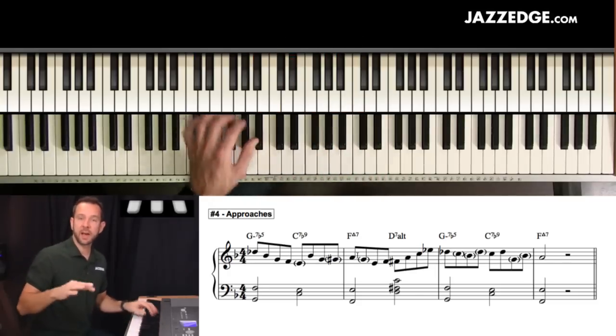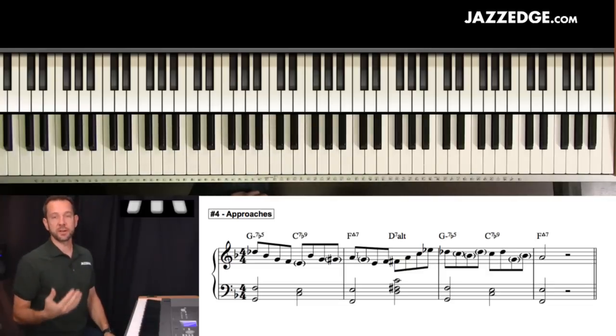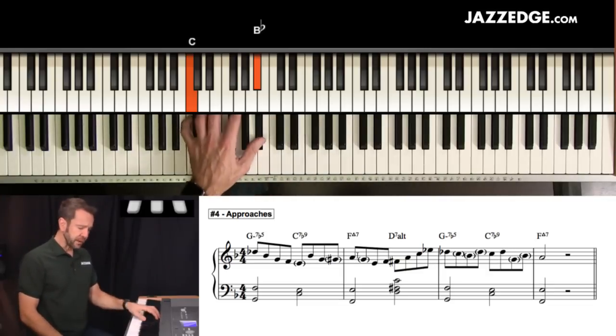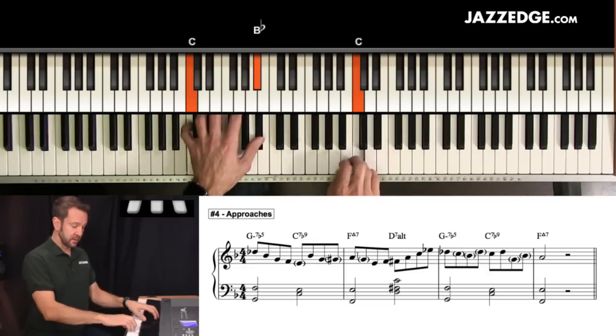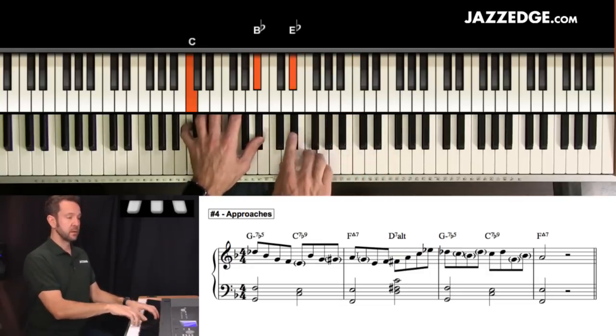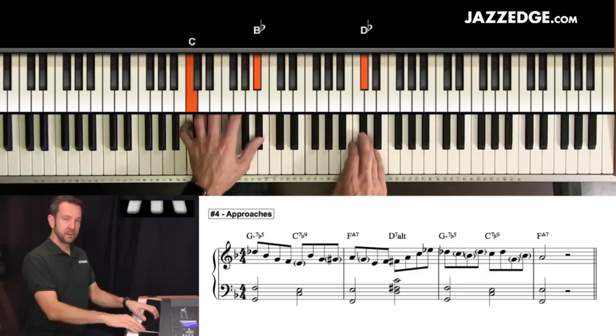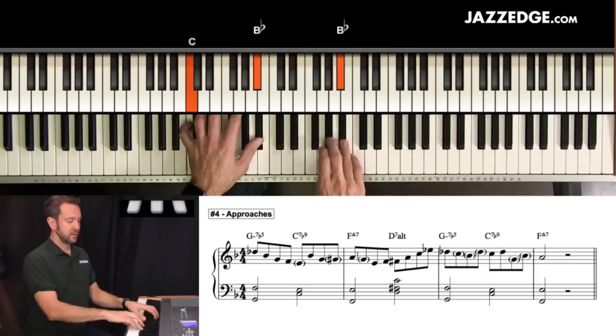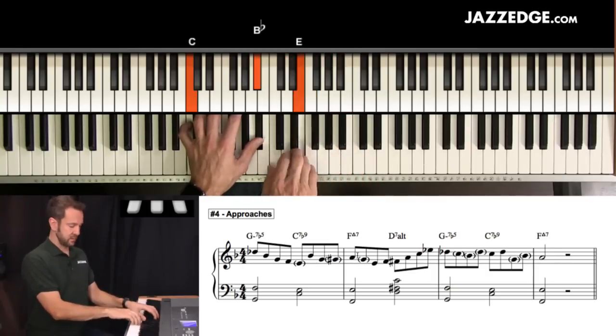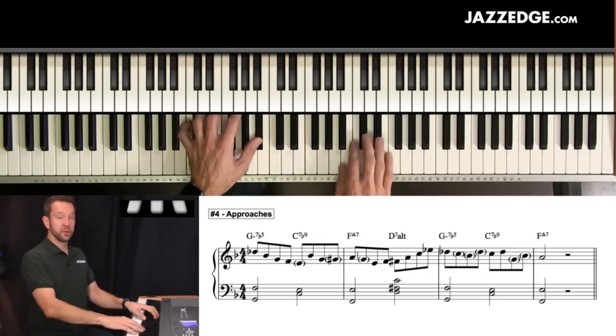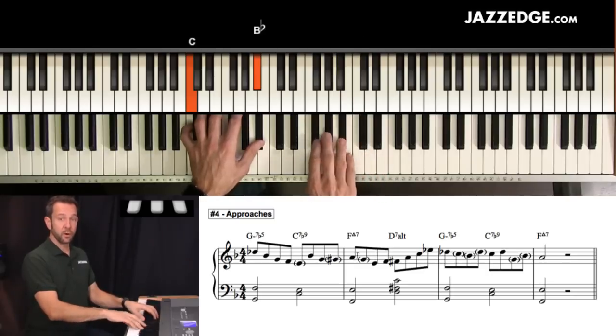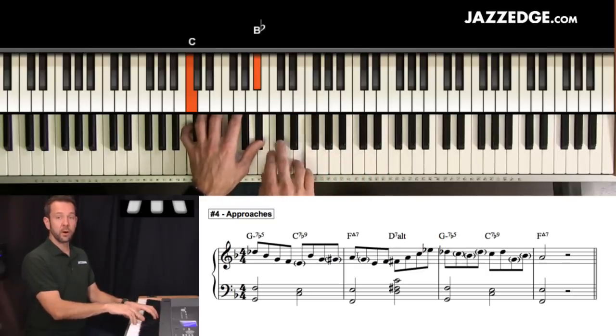And I can mess around with starting it on an upbeat or starting it on a downbeat. It doesn't always have to be starting on that upbeat. I can also do that downbeat. I can also just do 1 and 2, 3 and 4, 1 and 2, 3 and 4, 1 and 2.